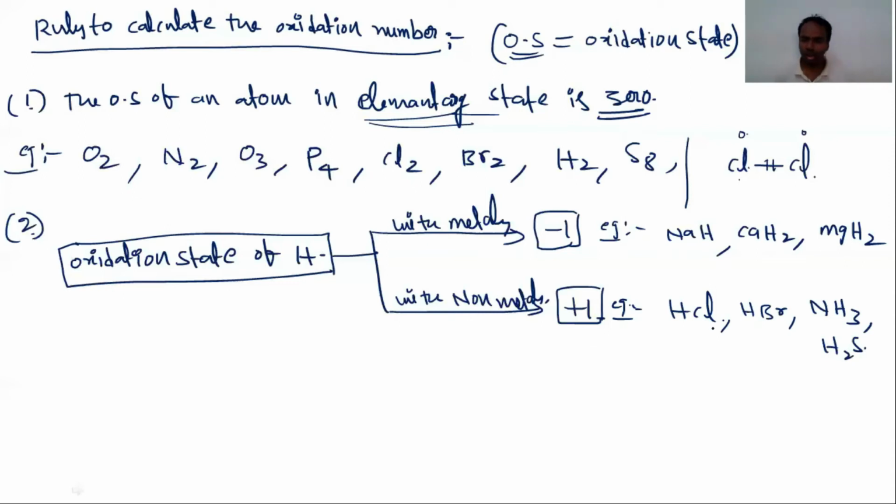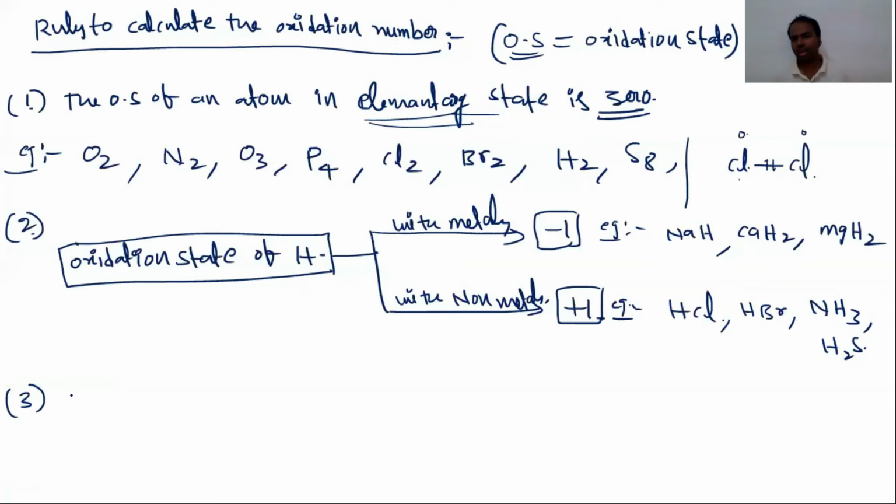These are non-metals. So hydrogen can show two types of oxidation state, +1 and -1. If the central atom is a metal, H is -1. If the central atom in the molecule is a non-metal, then hydrogen shows the +1 oxidation state. This is the second one. Then come to the third one.